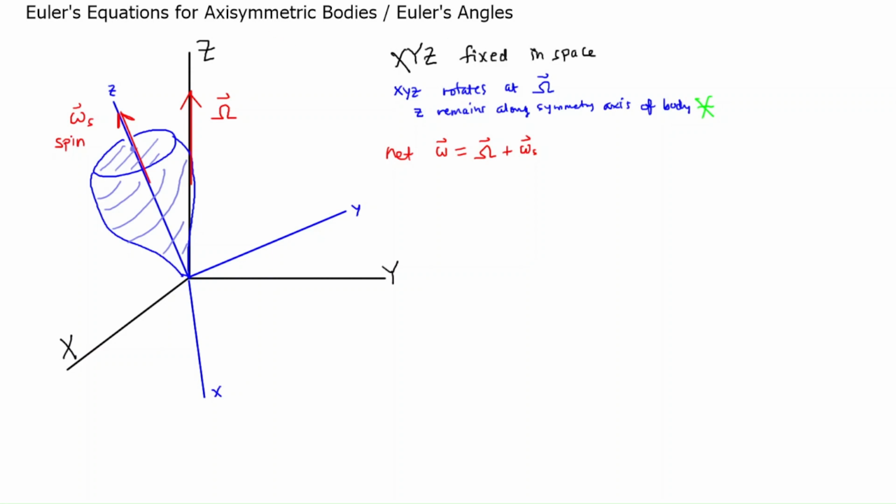Now if you're wondering what exactly is meant by an axisymmetric body, think of a volume of revolution. If that makes sense, then you're understanding an axisymmetric body.